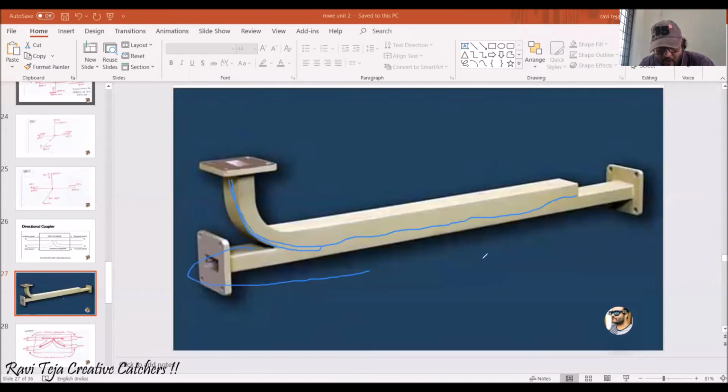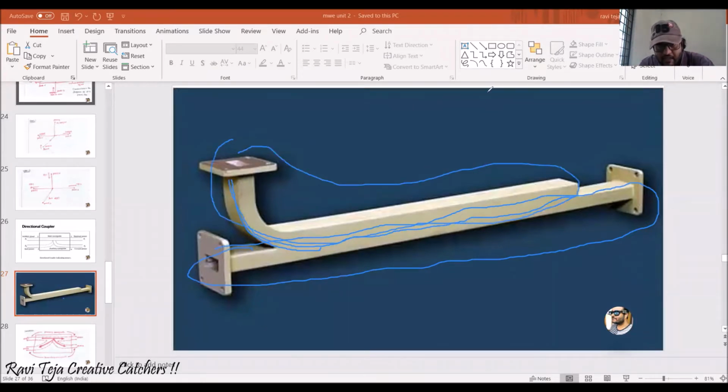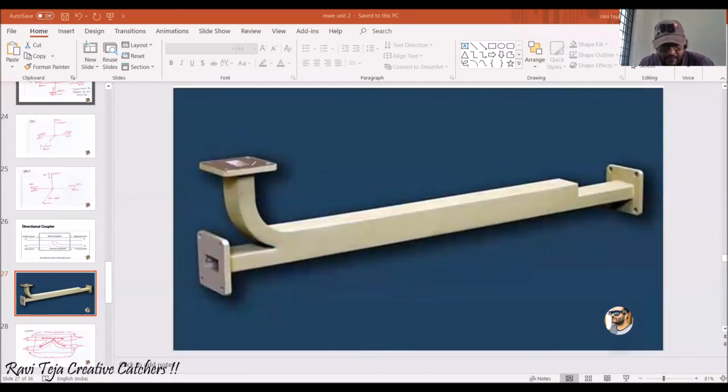This bottom part is one pipe and the top is another pipe. There are 2 rectangular waveguides, or 2 microwave junctions, welded together. The bottom part is considered our primary waveguide or main waveguide. The second one which is welded is considered our secondary waveguide.